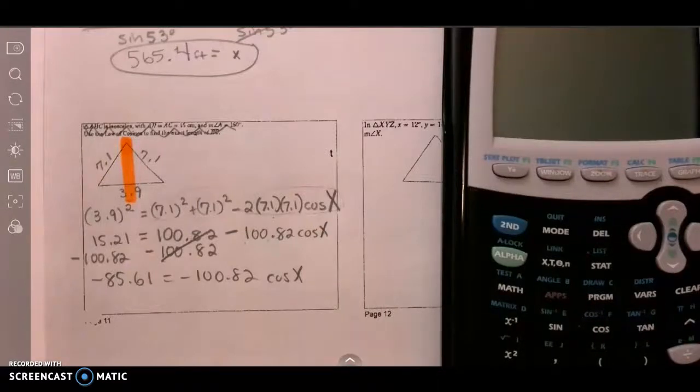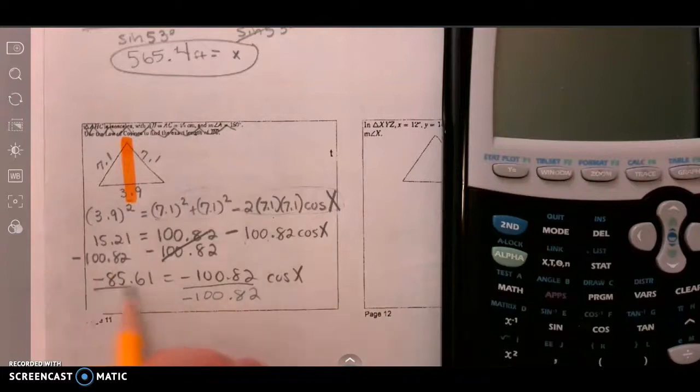So let's finish this problem. We're still trying to solve for x, so I'm going to divide both sides by negative 100.82.